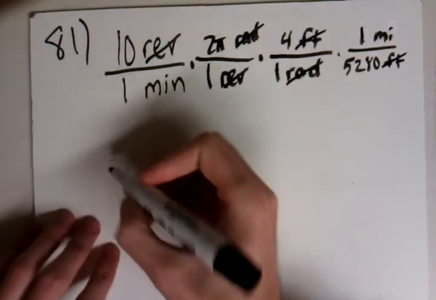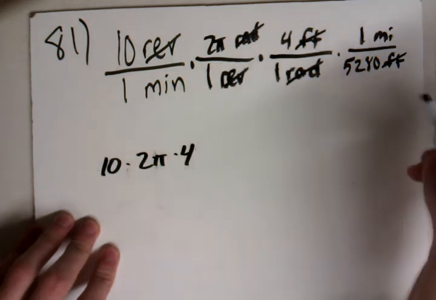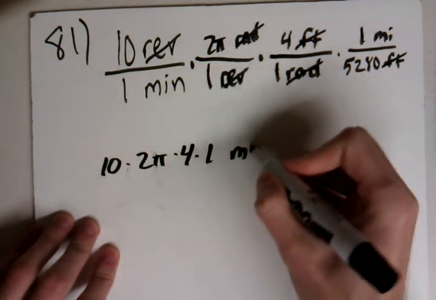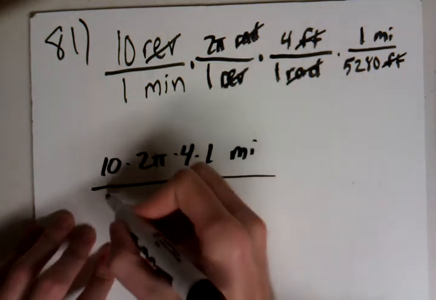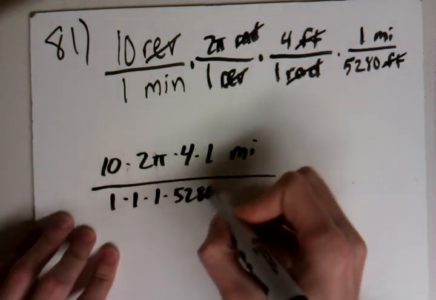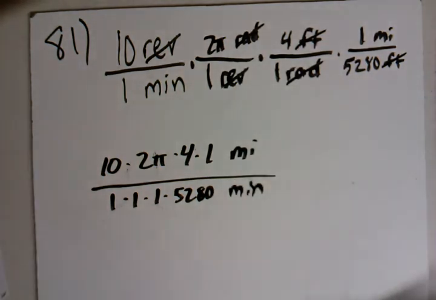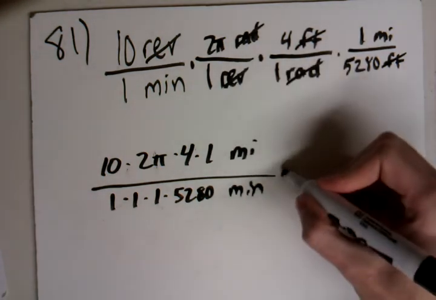I'm left with 10 times 2 pi times 4 times 1 miles on top, and 1 times 1 times 1 times 5,280, and I have minutes on the bottom. So I wanted miles per hour, I'm in miles per minute.